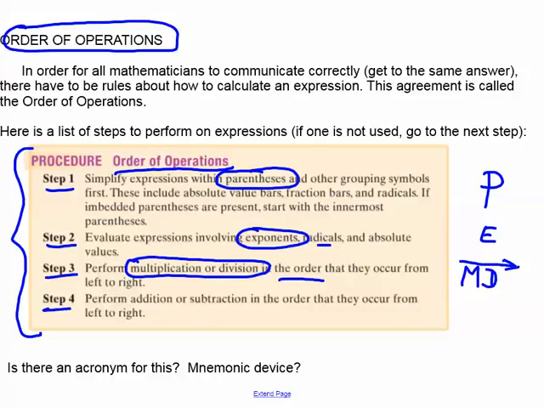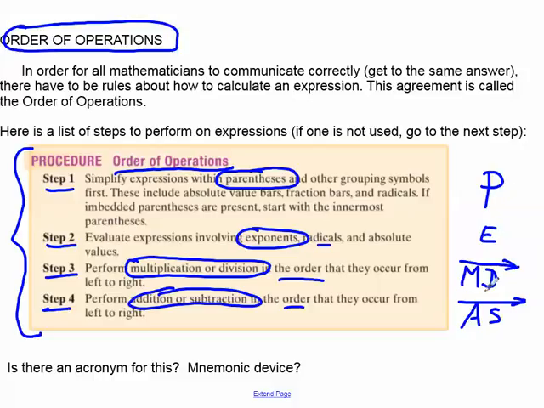Step 4 says addition or subtraction in the order that they occur from left to right. So there's my addition or subtraction, and there is my arrow that reminds me that I'm going from left to right. Anytime I see addition or subtraction, I have to do it left to right. Multiplication or division, left to right. Parentheses, exponents.